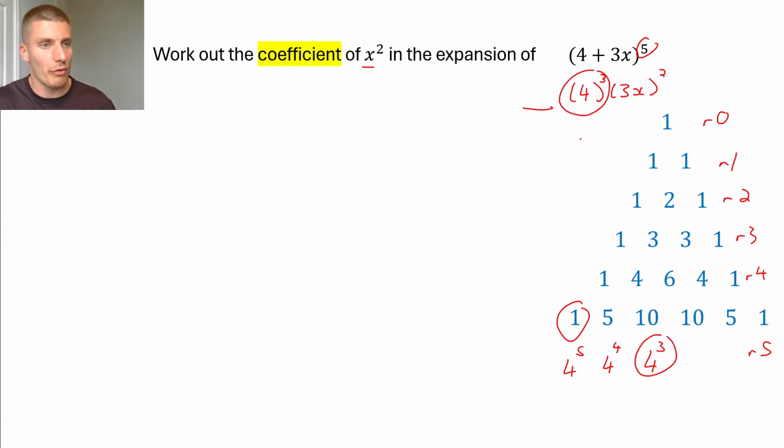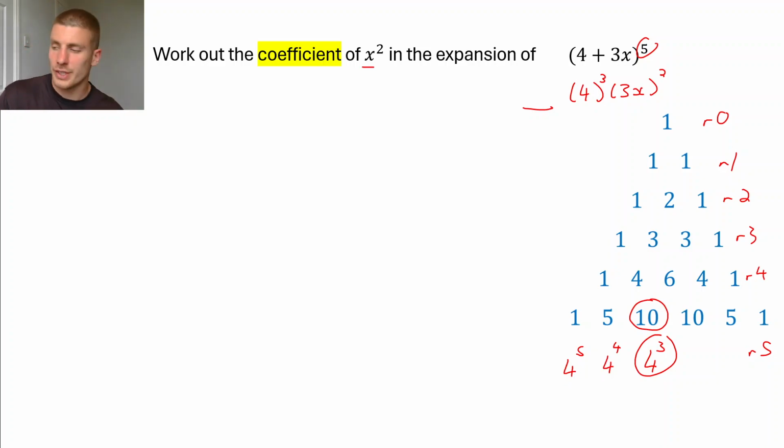We've got 4 to the power of 3, which must mean the coefficient you want must be 10. That's quite important. If you were to work through the whole thing, like in the previous questions, you would begin with 4 to the 5, 4 to the 4, 4 to the 3. But I only want the 4 to the 3 part, because that contains the x squared part. So my coefficient here is going to be 10.